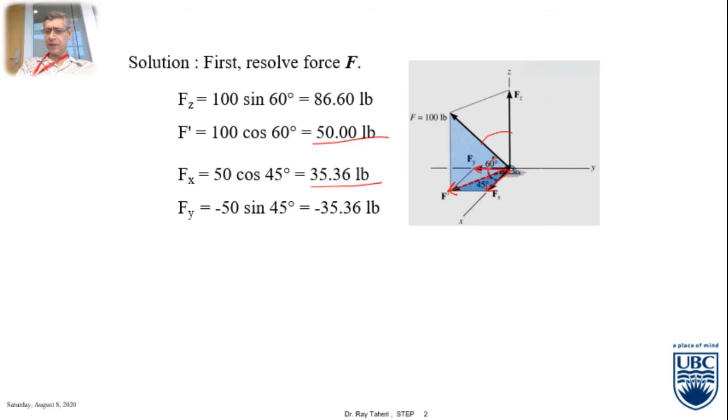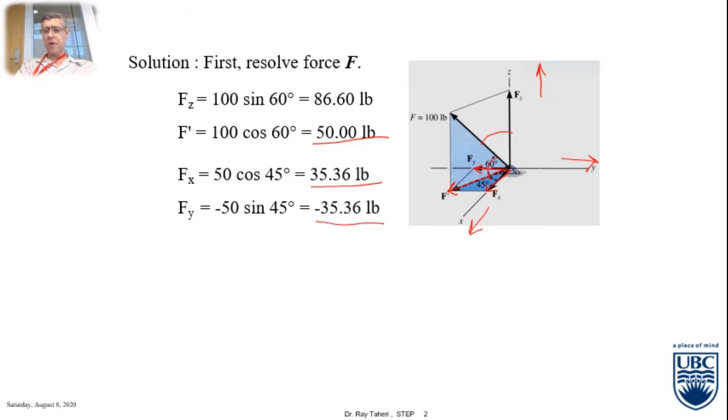And fy is in the opposite direction of the positive y. As you can see, this is positive x, positive z, and positive y. So the y component is in the opposite direction of the positive y. Therefore, it's f prime sine of this angle, negative.